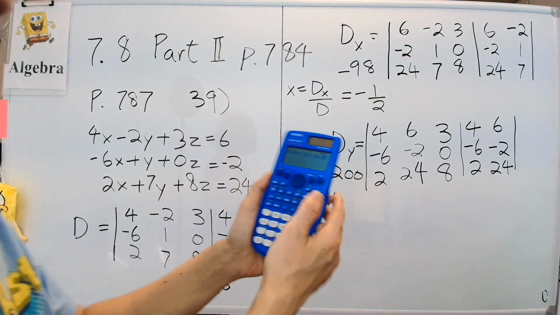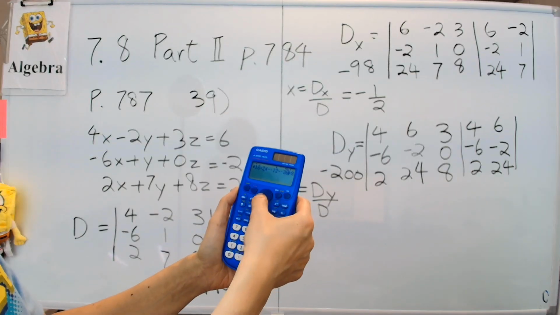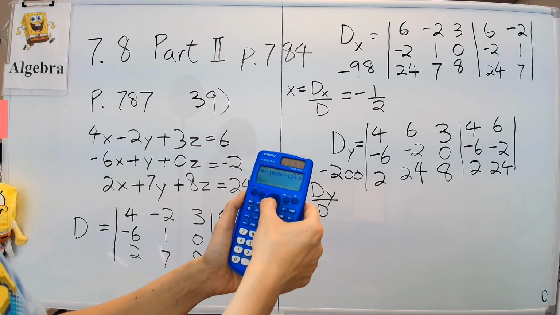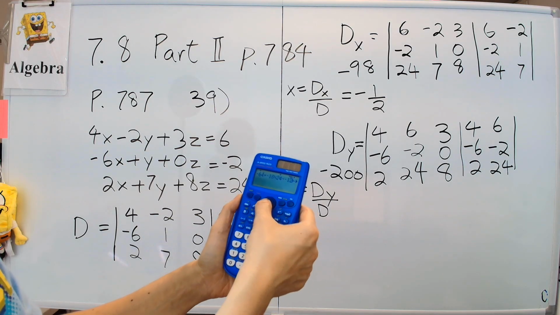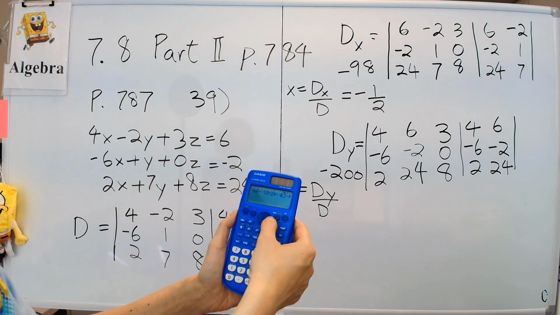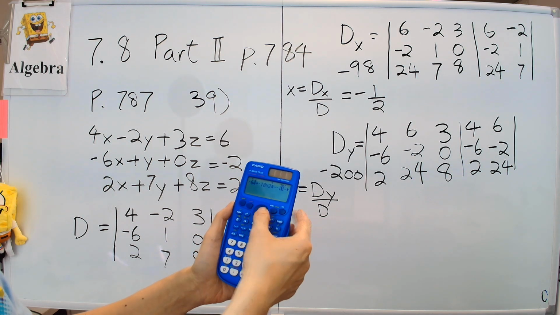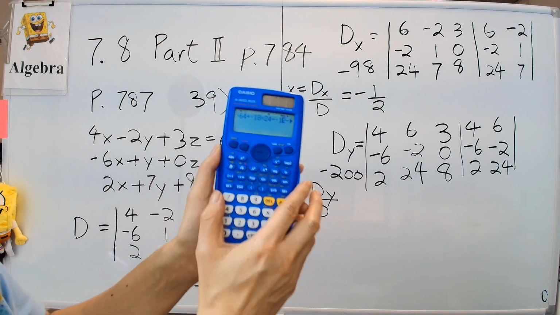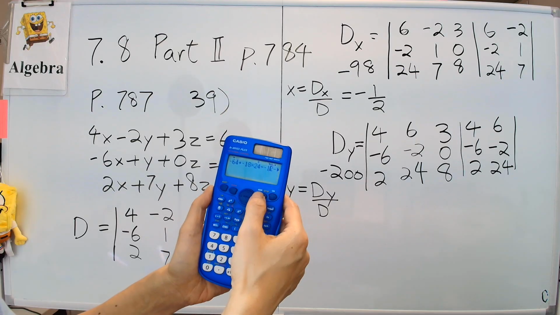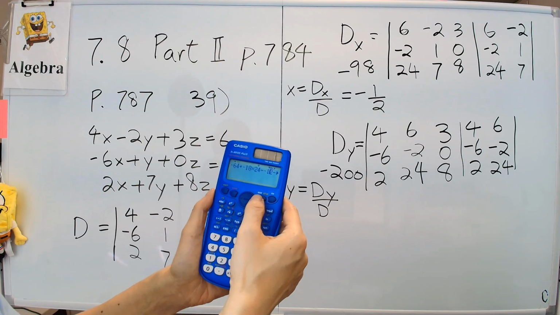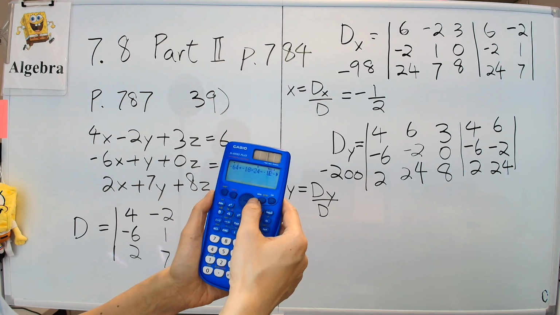All right, so I tried it again. Now this time, I got the right answer. I wonder what I did. But anyway, we have minus 4 times minus 2 times 8, that's negative 24. And then plus the next one is the 0 one. We skip that one.